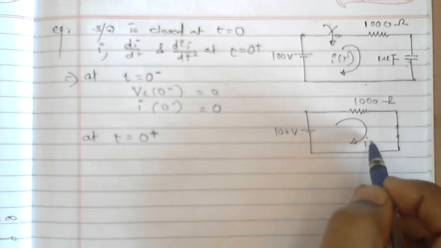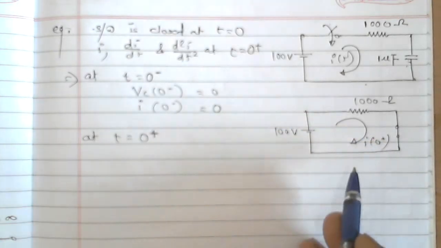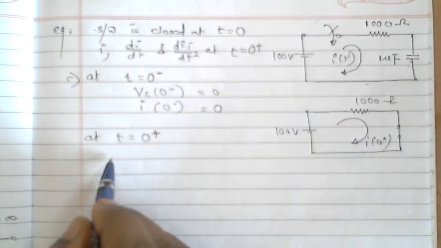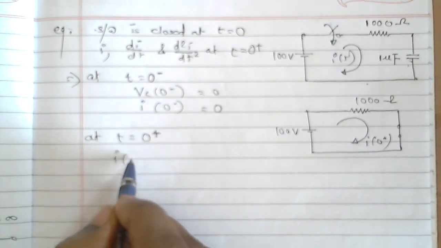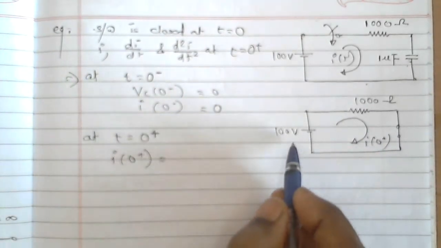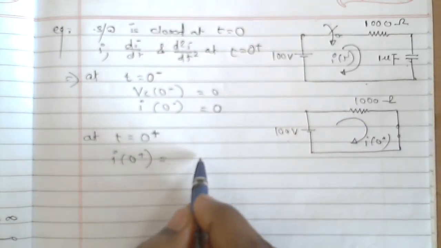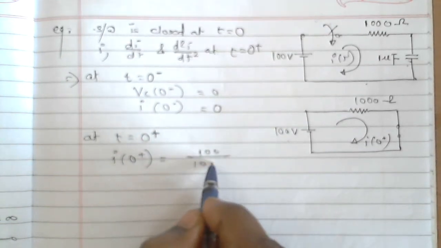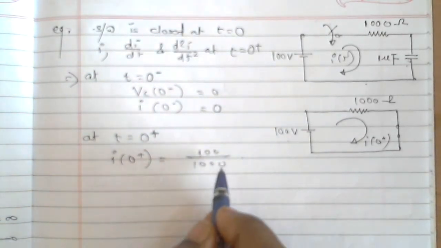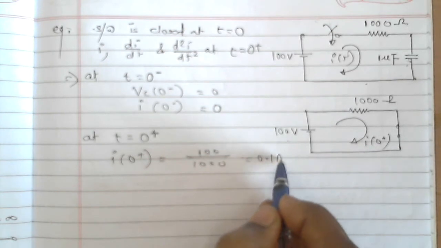It is having current i at 0 plus. So what is the current? Can I write i at 0 plus equal to voltage divided by resistance? So 100 divided by 1000, that is nothing but 0.1 ampere.